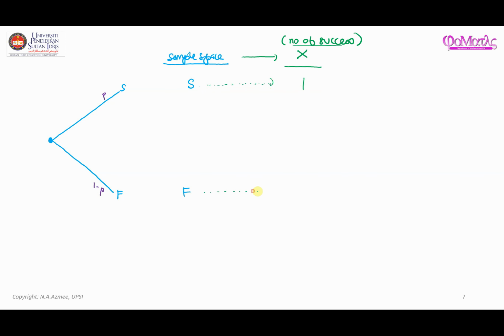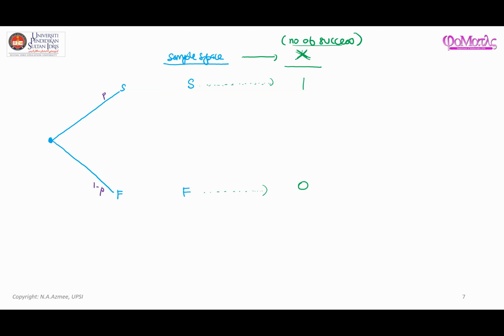And the result from the sample space here is going to be turned into the value 0, because the number of success here is actually 0. Here we observe failure. So those are the values of the random variable X, which represents the number of success.